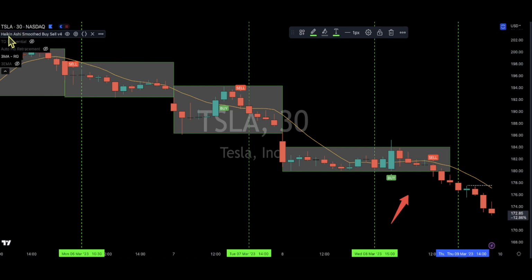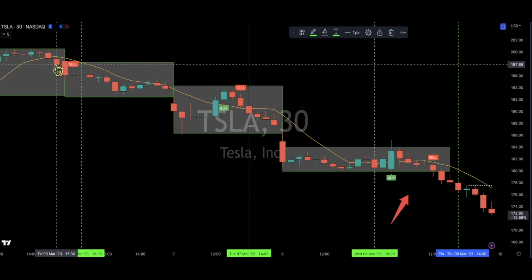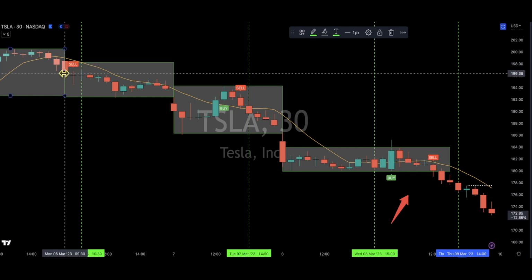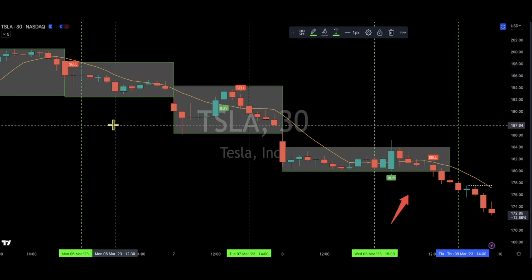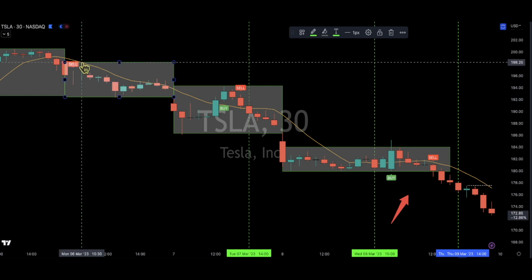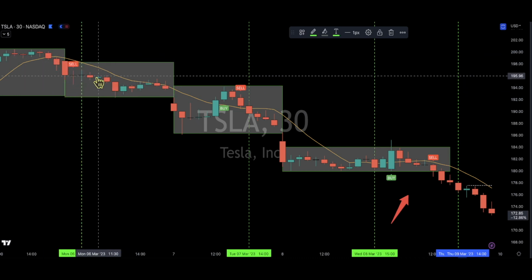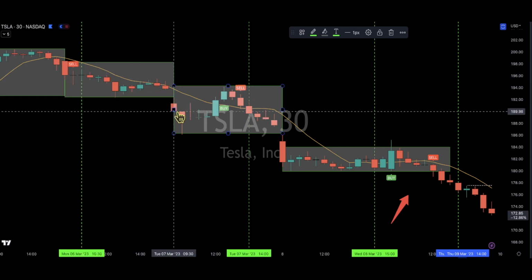I'm going to open this up here, and you can see the indicator is called Heikin-Ashi smooth buy sell, okay? Now, if I have that, and I have one candle close under with the MACD crossing, I will enter the trade, because traditionally you're going to see that the trade will stay under or above for a while.